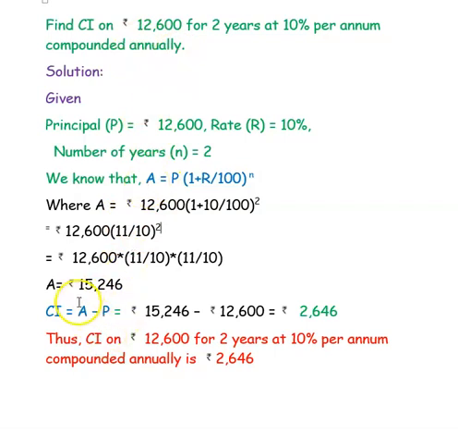So 15,246 minus the principal 12,600, and your answer will be 2,646. So we can say that the compound interest on rupees 12,600 for 2 years at 10% per annum, compounded annually, is rupees 2,646.